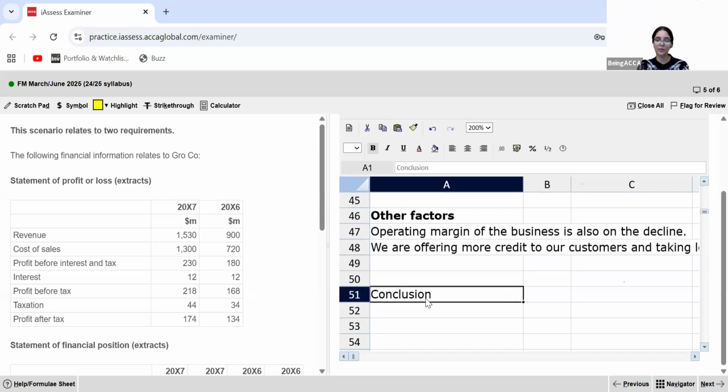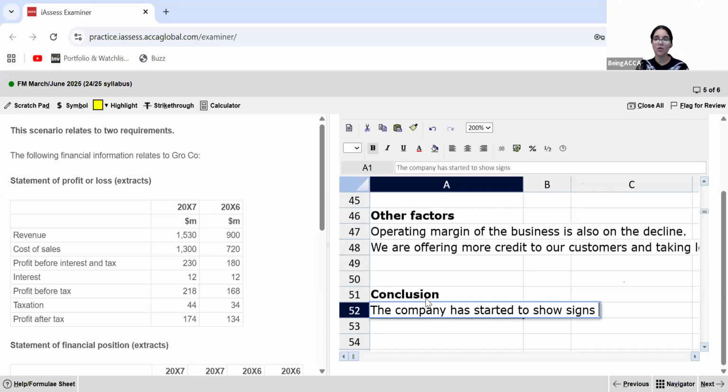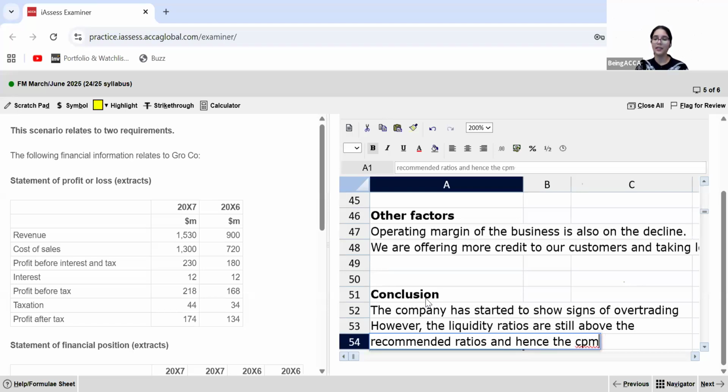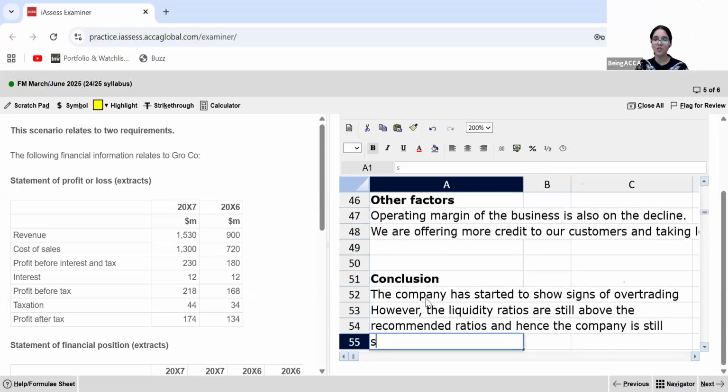The conclusion is going to be that the company has started to show signs of overtrading. However, the liquidity ratios are still above the recommended ratios, and hence the company is still solvent.